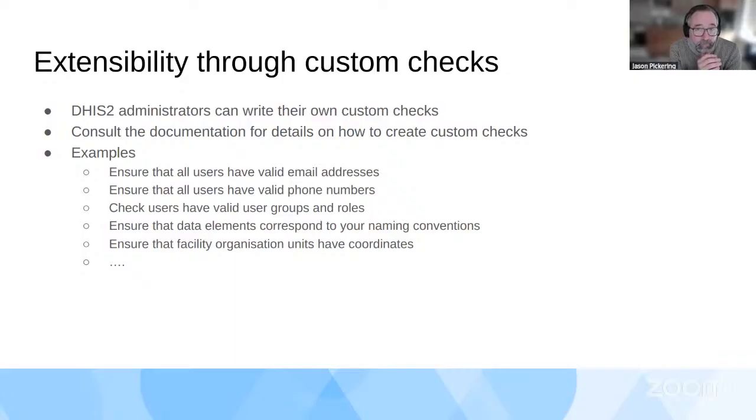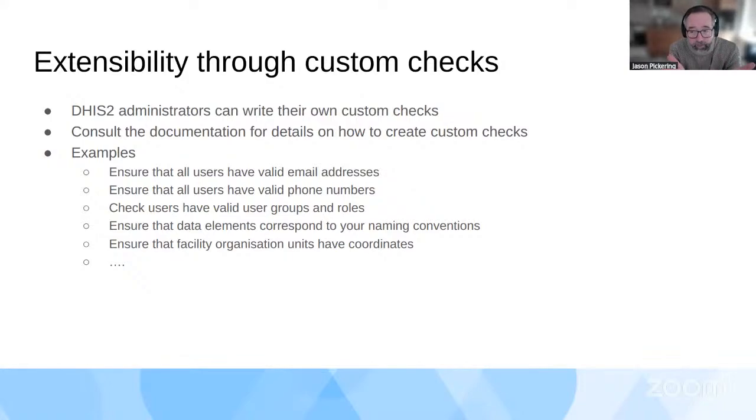But there can also be much more specific types of things. Naming conventions. We know that in many cases, there may be particular naming conventions that you use for data elements or indicators. And so you could contemplate creating an integrity check to check for that.